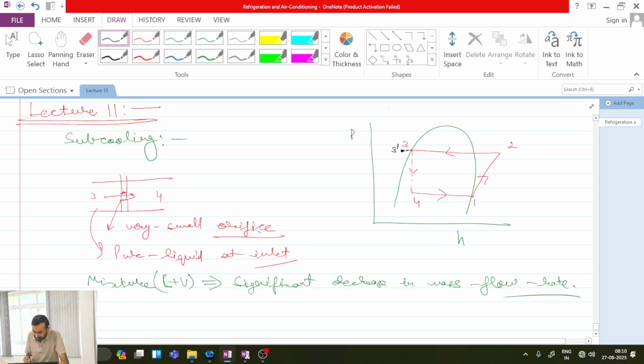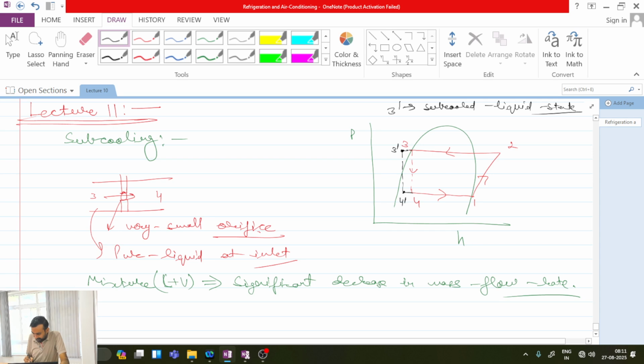It means state 3 dash is in the subcooled liquid state. Is this point clear? All are clear with this idea? Now from point 3 dash, if you allow expansion, then in a significant portion of the throttling device, your substance will remain basically liquid.